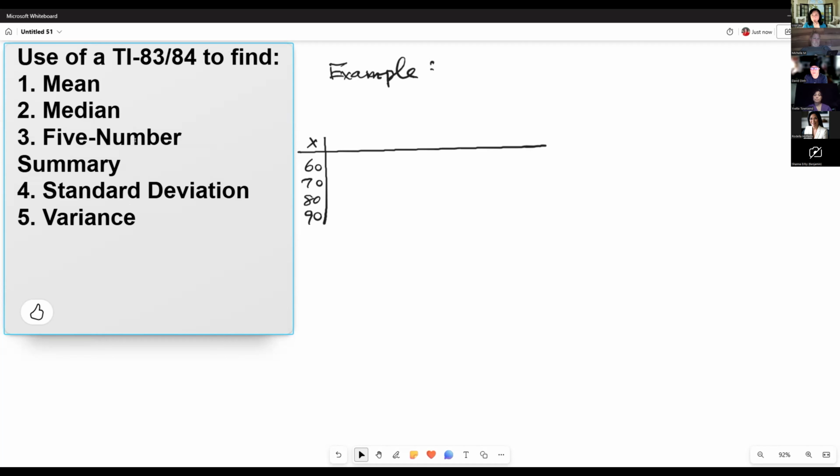If you use the TI-83/84 calculator, it will give it to you right away. And the standard deviation is the more challenging one, because there is a lot of calculation. I was trying to show an example about the standard deviation.